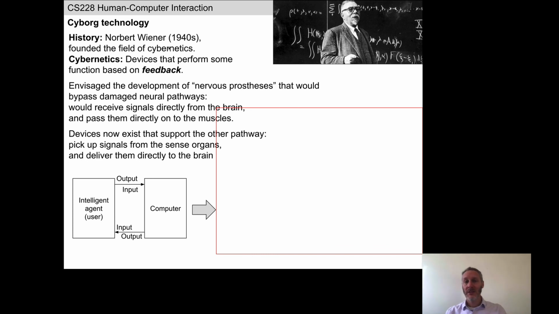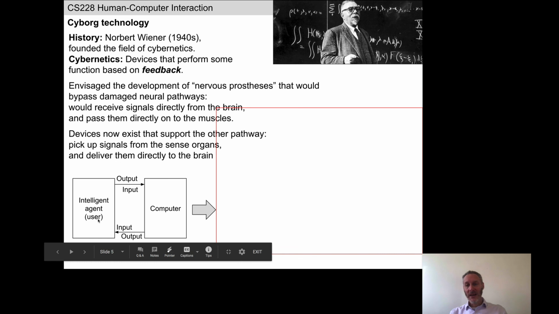Could we create cybernetic devices that, implanted in the body, would supplant or support that part of the feedback loop that goes from brain to muscles or from sense organs to the brain if they're damaged? So this is an idea of bypassing part of an already existing feedback loop that has become disrupted. Okay, so let's go back to our common cartoon here where we have a user that's interacting with the computer or the physical world or the social world.